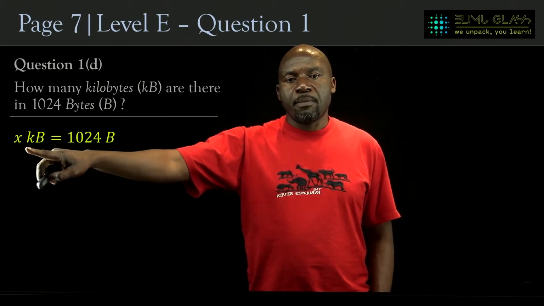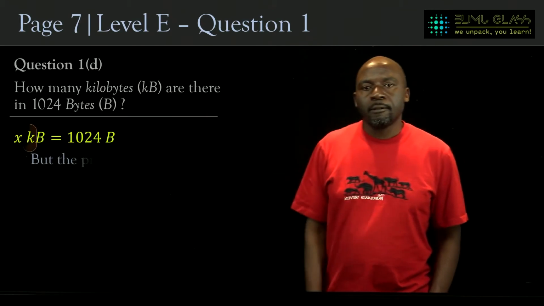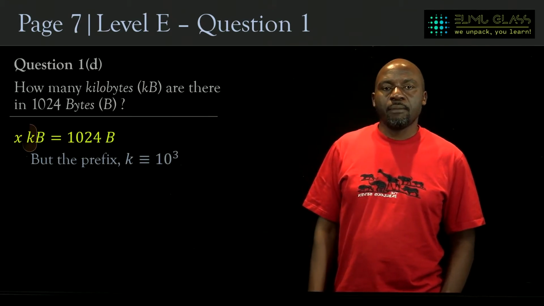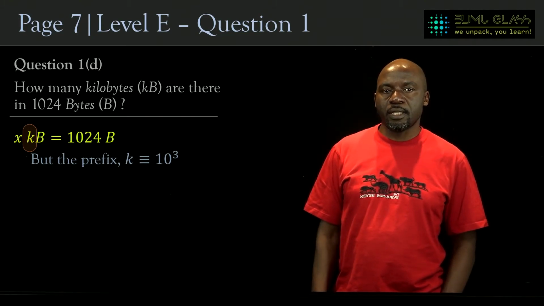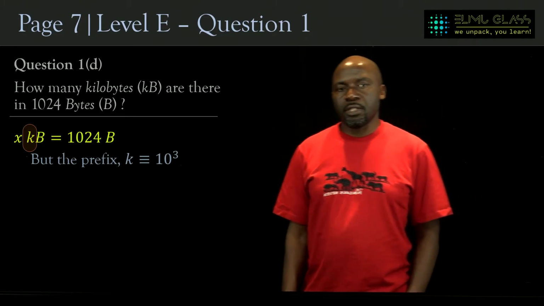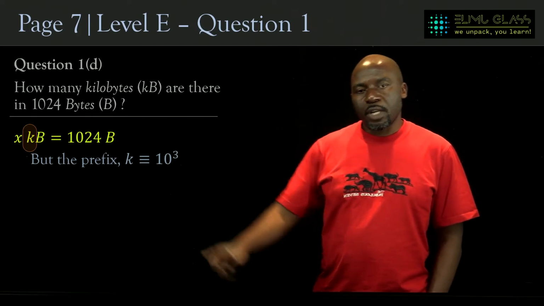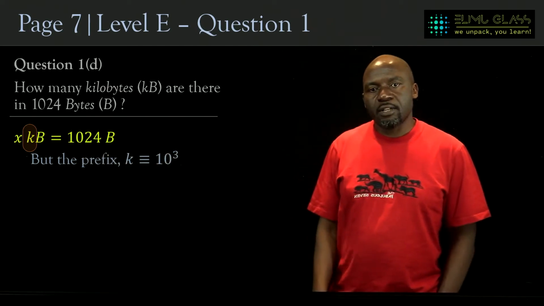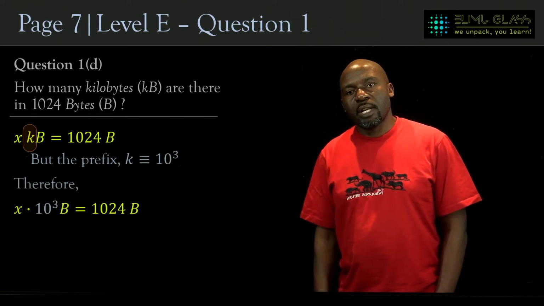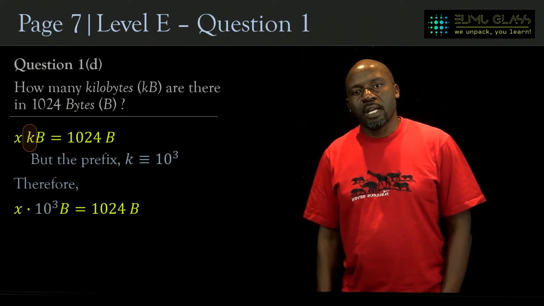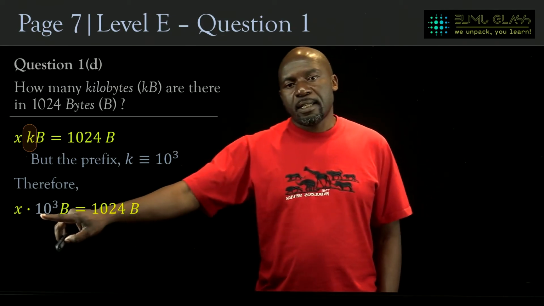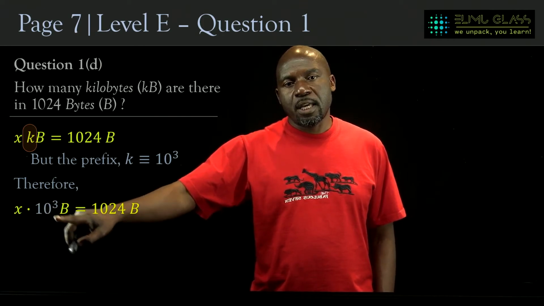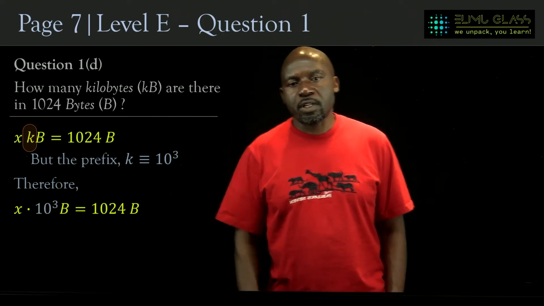Now all we need to remember is that the k there implies 10 to the power of 3. It's the kilo, which is equivalent to 1,000. So we can replace that by 10 to the power of 3, and so we will have x times 10 to the power of 3 bytes is 1024.